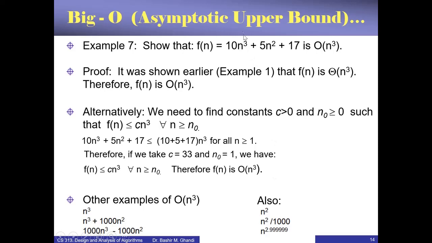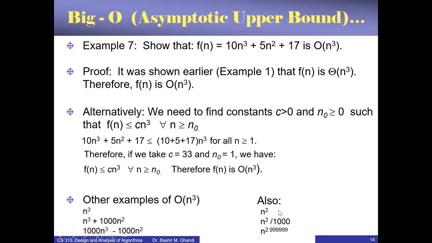In other words, they are bounded above by n cubed. I hope that makes sense now. Clearly, these ones are not theta of n cubed, because theta is looking at both the upper and lower, and this will not satisfy the lower bound in the case of theta. Only the upper bound can be satisfied, so they are big O of n cubed, but definitely not theta of n cubed.